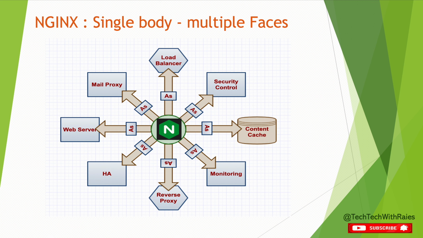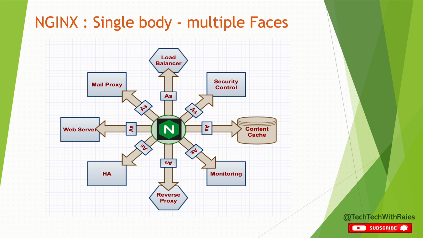So it can be configured completely as a load balancer, completely as a reverse proxy, or completely as a content cache or content delivery network. Overall, it is just a single body, but it can provide multiple faces or functionalities.